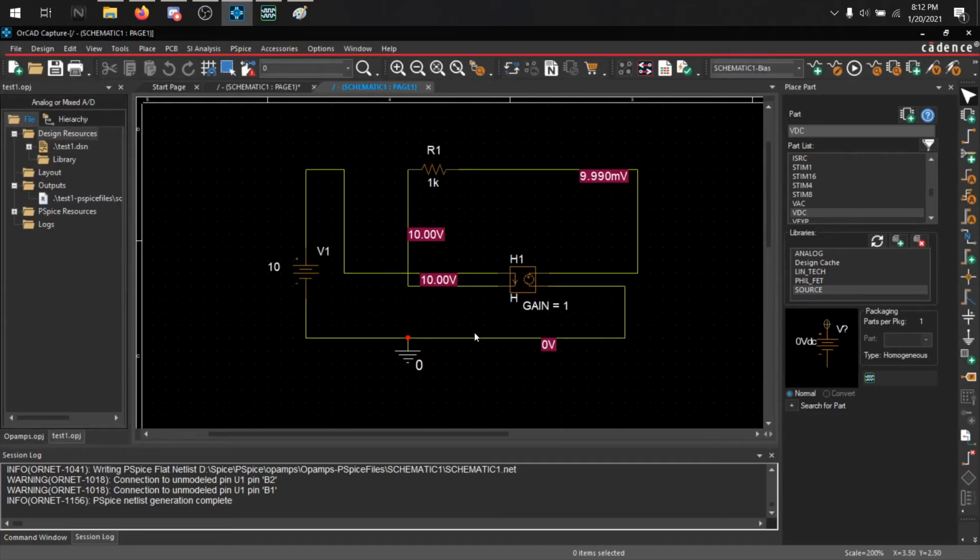So this is what it looks like. This is a simplified op amp. This is a current one. I pulled this from somewhere else. We have 10 volts going in.